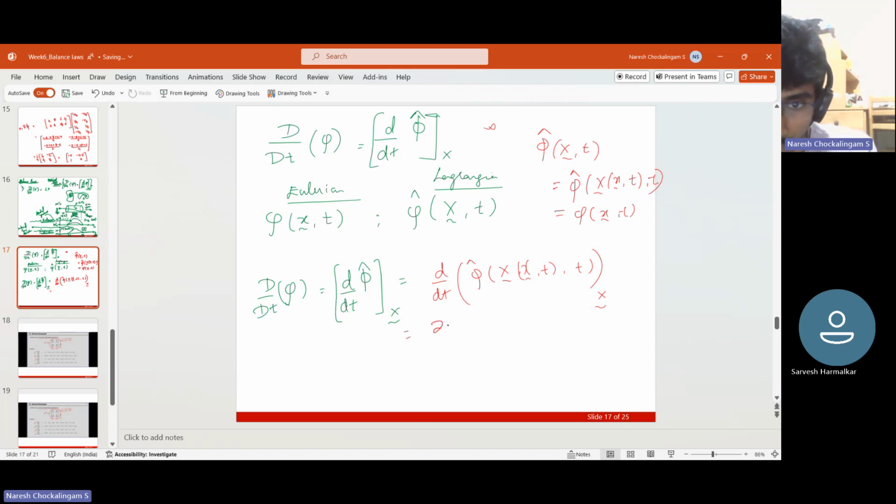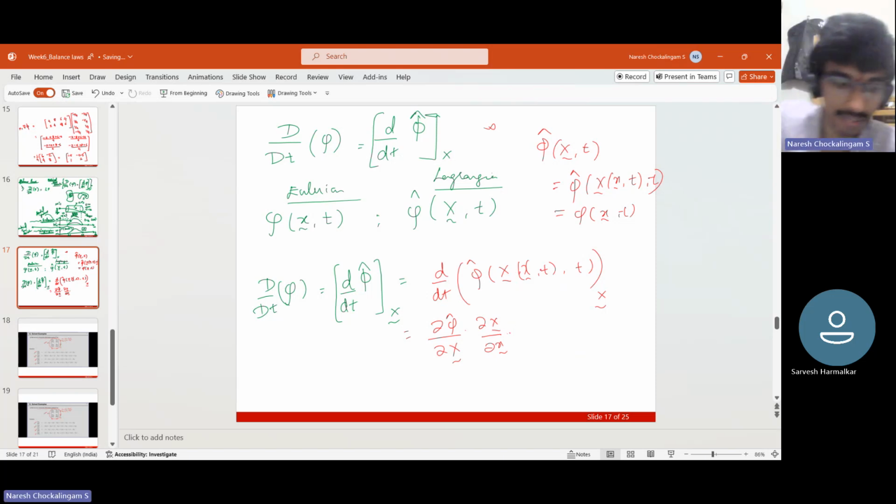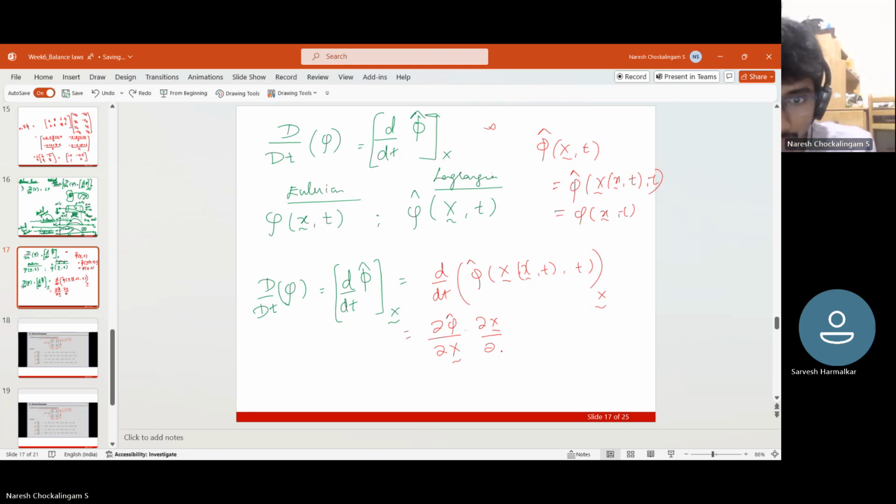So here first you put partial phi with respect to x and partial x with respect to time t. Plus you have the partial of phi cap with respect to t.